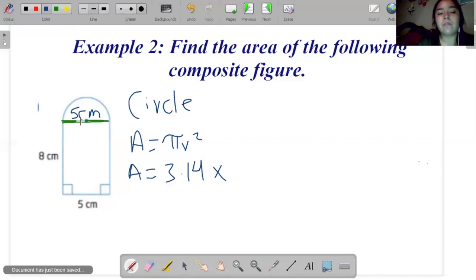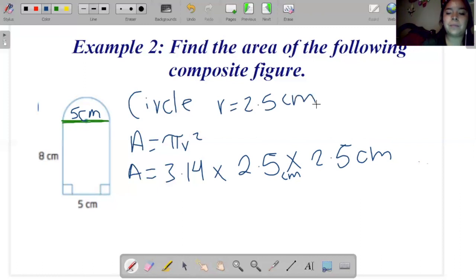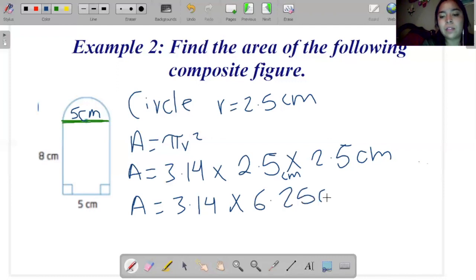So what's half of 5 centimeters? Half of 5 centimeters is 2.5. So that's our radius: r is equal to 2.5 centimeters. Then A is equal to 3.14 times 2.5 times 2.5, and 2.5 times 2.5 is 6.25 centimeters squared.